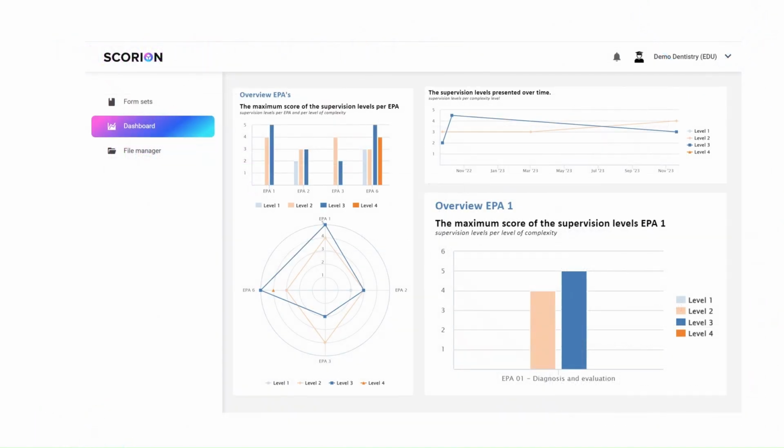One of the greatest strengths of an e-portfolio is its ability to transform learning activities into meaningful insights. Dashboards provide students, supervisors, and faculty with an overview of progress, completed assessments, feedback trends, and competency development. This information supports coaching, mentoring, and decision-making throughout the educational journey.